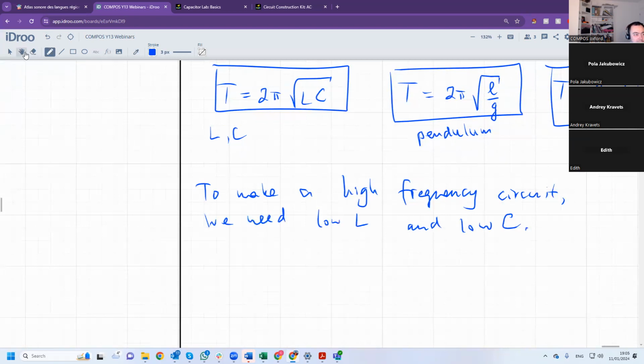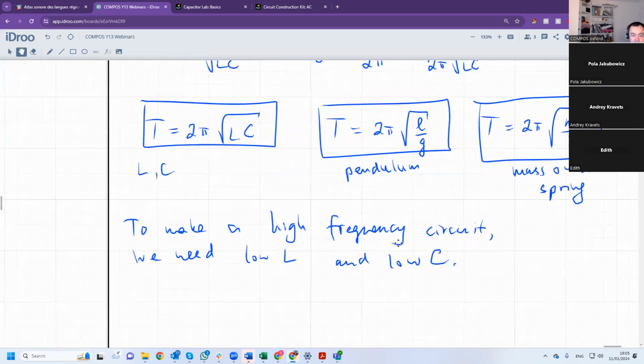Do you understand that to make a high frequency circuit, you need low capacitance and low inductance? Okay.